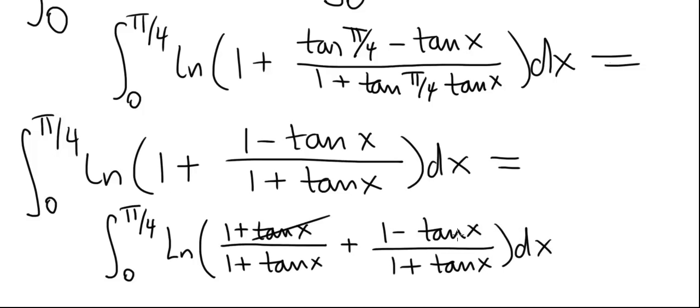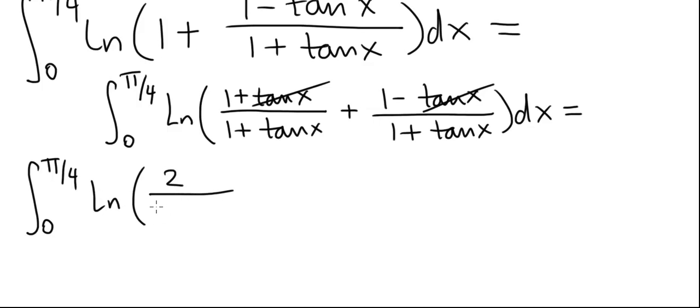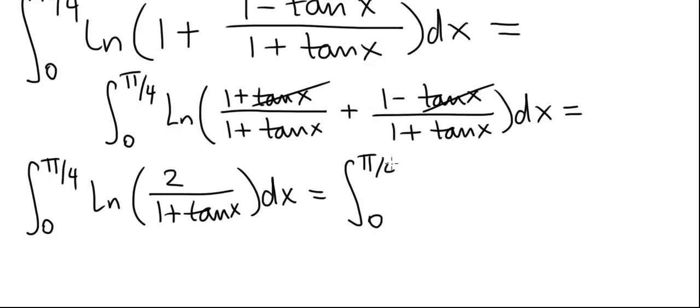So tangent x minus tangent x cancel in the numerator, and this is now the integral from 0 to pi over 4 of natural log of 2 divided by 1 plus tangent of x. Now by the properties of logs, this is equivalent to the integral from 0 to pi over 4 of natural log of 2 minus natural log of 1 plus tangent x.